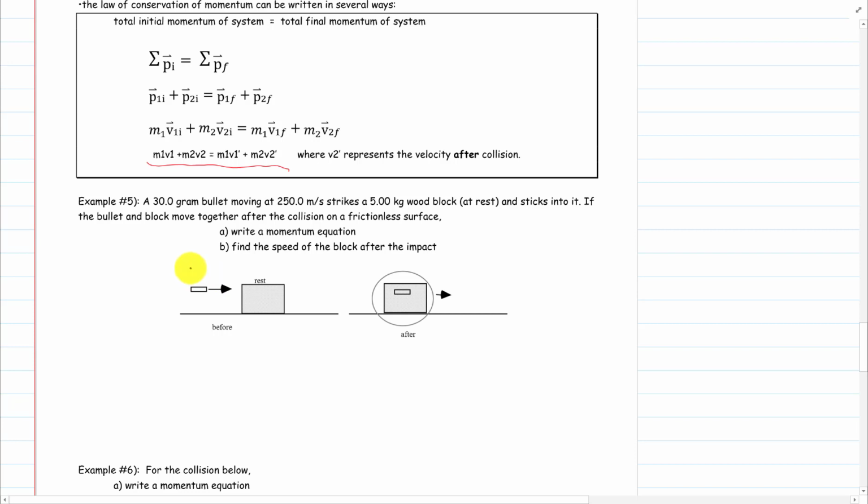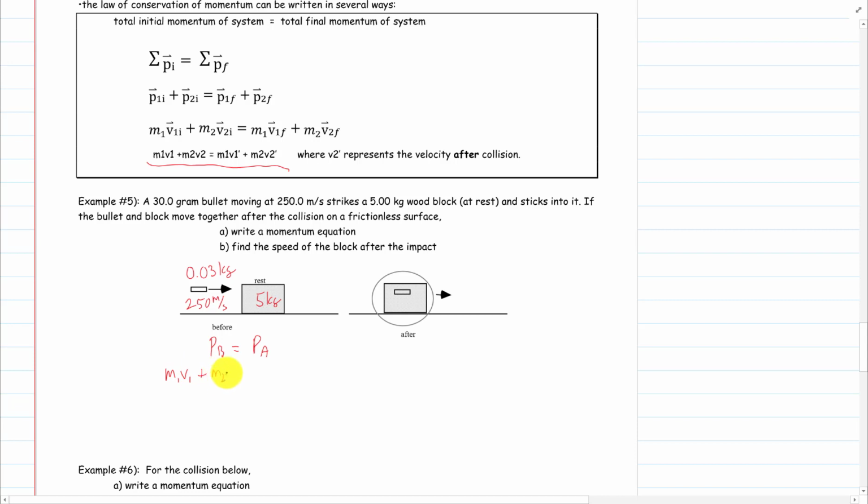So this is 0.03 kg, and the velocity is 250 meters per second, and this is 5 kg. So we go momentum before equals momentum after.